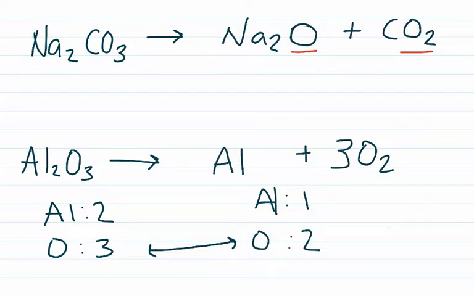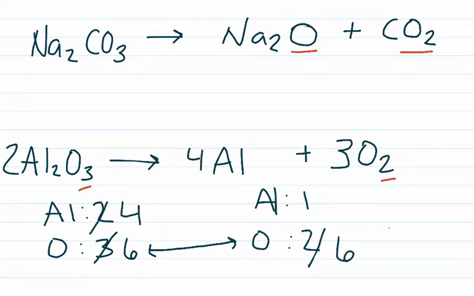So we'll put the 3 from this oxygen over here, and we'll put the 2 from over here, which gives us 6 oxygen in both cases. But that also changes this aluminum to 4, so we need to put a 4 prefix, or coefficient, here. And then it is balanced. So those are the 3 types of decomposition reactions that you'll be responsible for knowing.